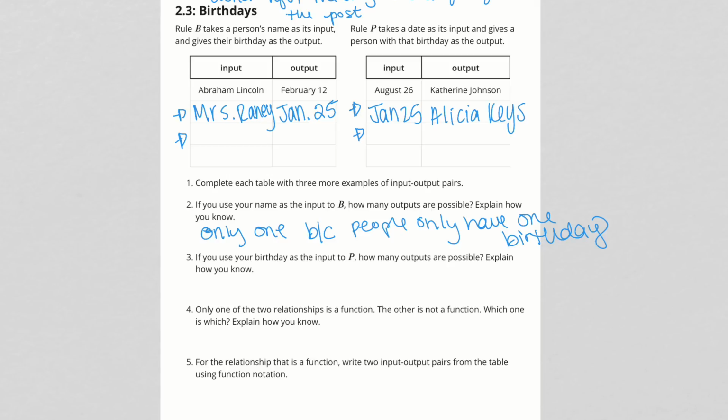Okay, so I want you guys to do the other 2. And on number 3, we're going to put, there are multiple possible outputs, because more than one person can have the same birthday.